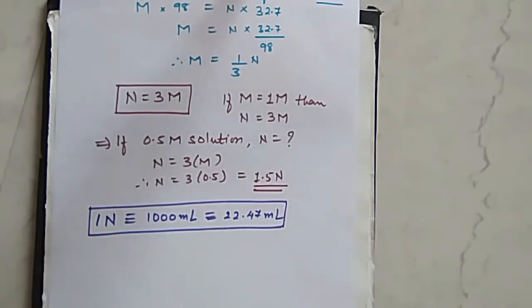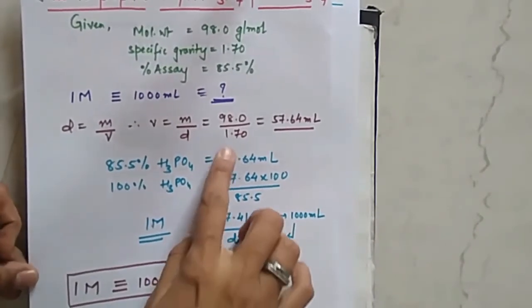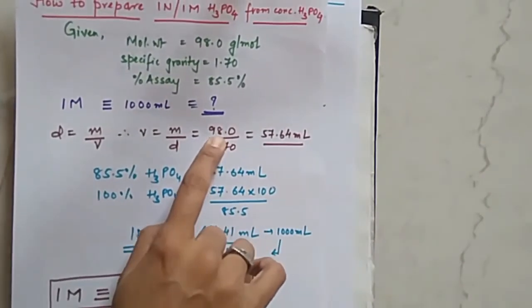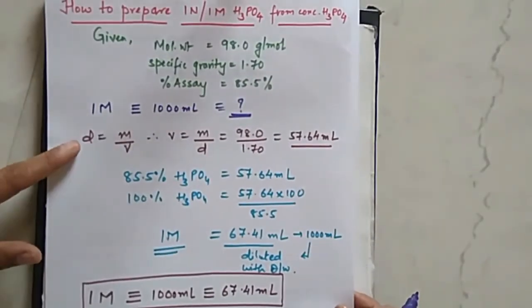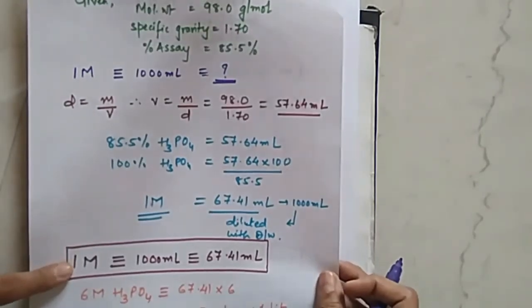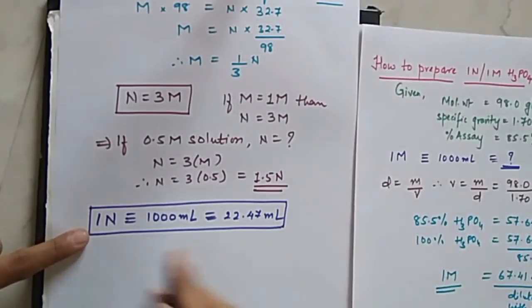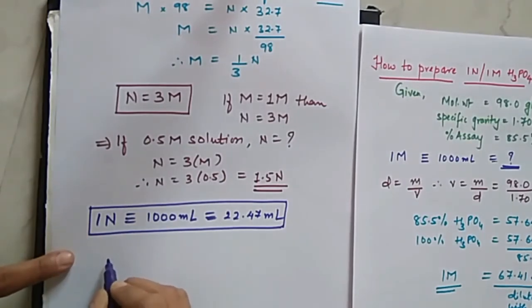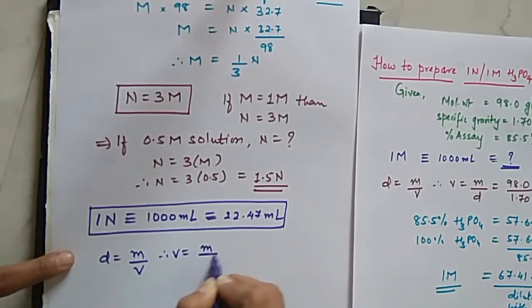If we want, we can also use the equation to calculate the normality. Instead of taking the molecular weight, 98, we can take the equivalent weight. In the same way as we calculated the molarity factor, we can calculate the normality factor. First, we determine the volume equivalent: density is equal to mass upon volume, so volume will be equal to mass by density.